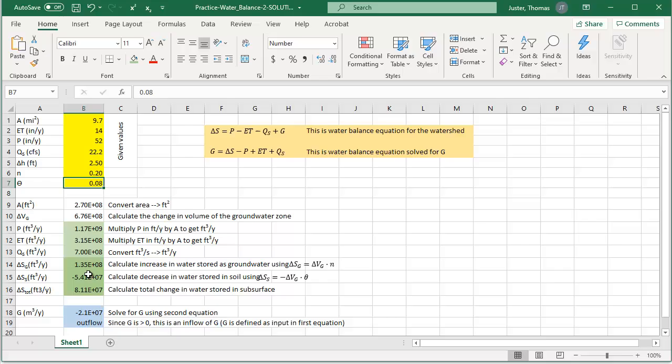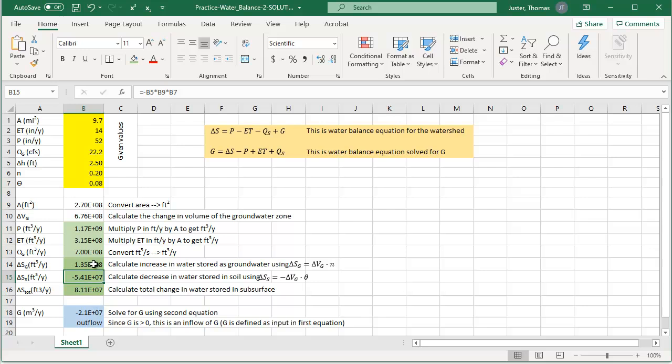So as the water table has risen, we've gained 1.35 times 10 to the 8th cubic feet of water in the groundwater zone, and we've lost 5.41 times 10 to the 7th cubic feet of water in the soil zone. That should make sense to you, because as the groundwater zone expands, the soil water zone contracts. So we're able to store less water in the soil, but more water in the groundwater zone.